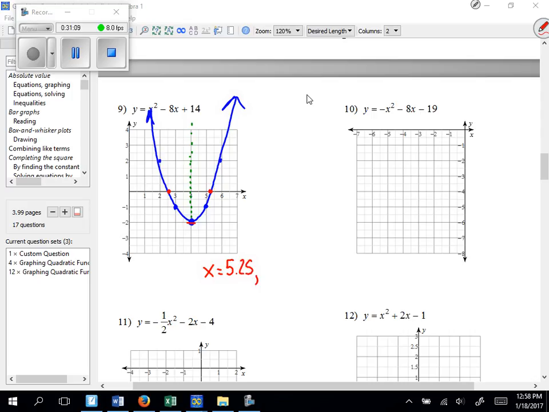And on the left-hand side, it looks like about 2.6. I'm just taking a guess at where it actually crosses. Tomorrow when you come in, I'm going to show you on your calculator how we can use a button to trace our graph and really figure out where it really crosses.